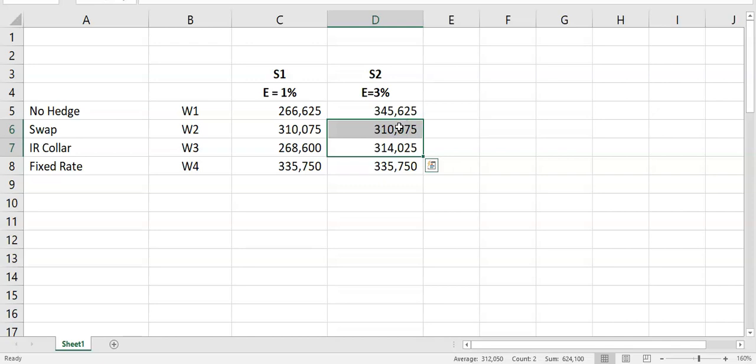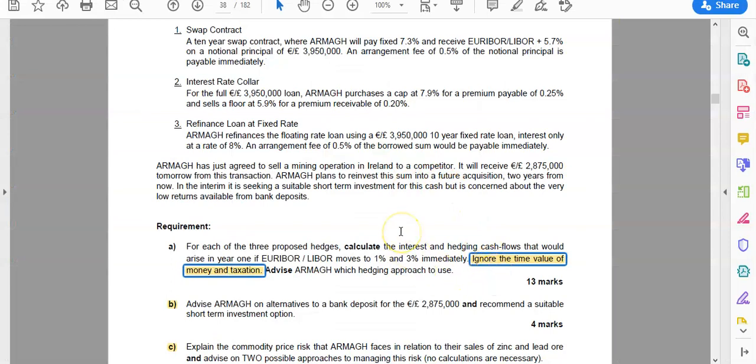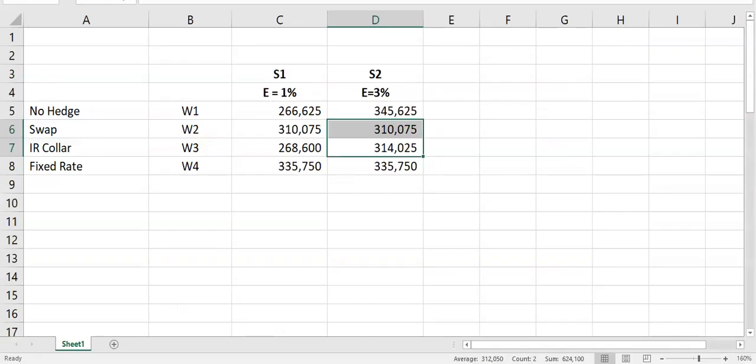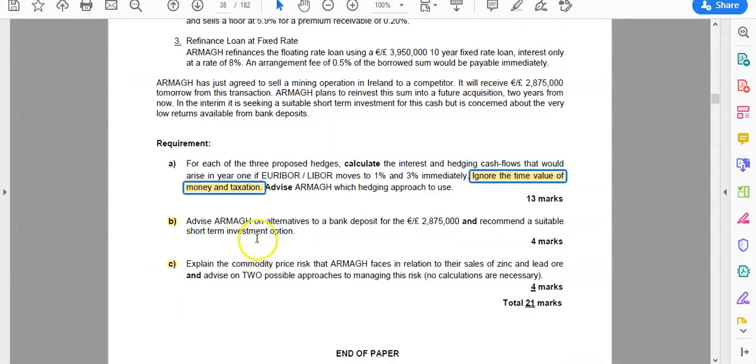So again, it's all about coming to a rational conclusion. You're probably talking about 2 marks there for your conclusion and 11 marks then for calculations. But quite popular, and remember, risk management is guaranteed in the paper the way the syllabus is written in 2019-2020 at least. So then what we're looking at is your next part, which is part B.